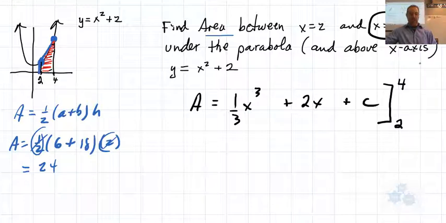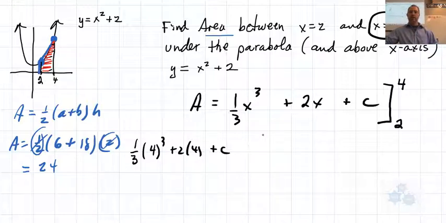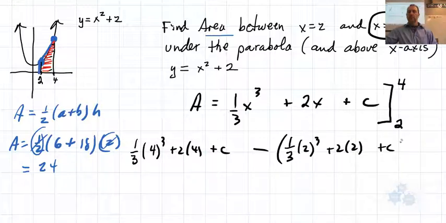So this is between 2 and 4 here. This is a notation that maybe you're not aware of yet, probably not, so let's do it over here. That's going to be 1/3 times 4 cubed plus 2 times 4, and you can put the plus c in there. We'll see how that all works out. And let's do evaluated now at 2.